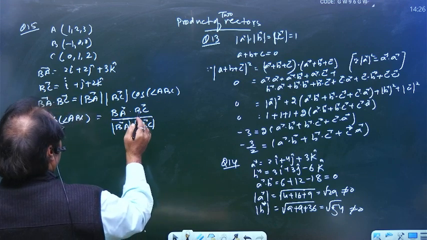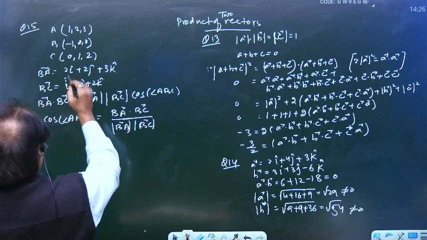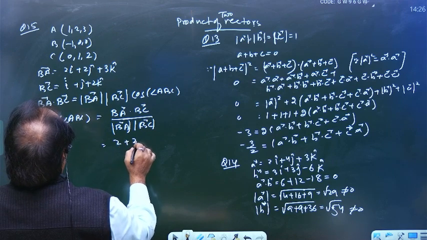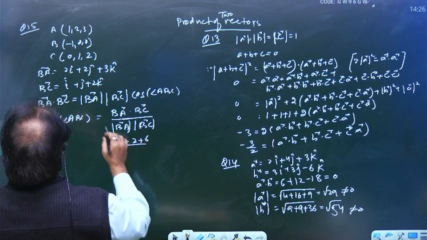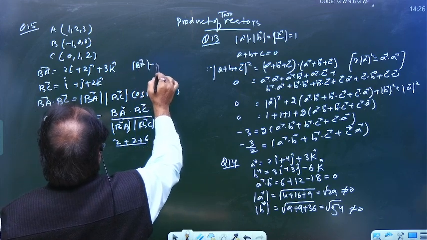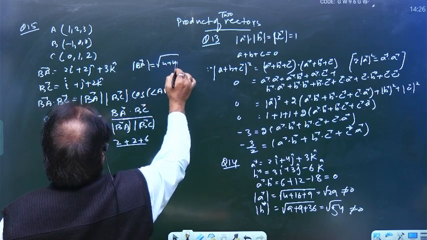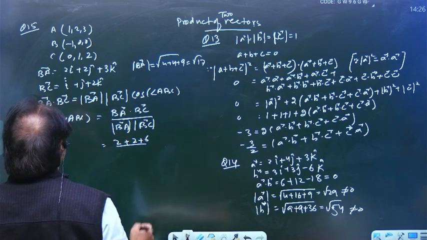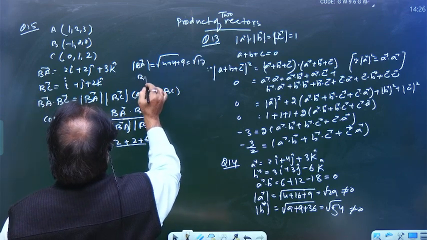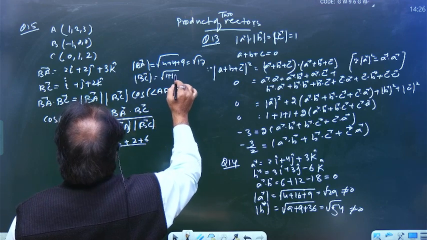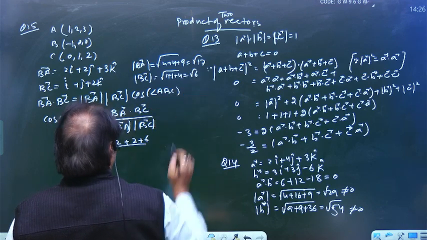So BA dot BC, what about the BA dot BC? This is 2 into 1, 2, plus 2 and plus 6. Now find the magnitude of BA. So this is 4 plus 4 plus 9, that is root over 17. And the magnitude of BC is equal to 1 plus 1 plus 4, that is root over 6.